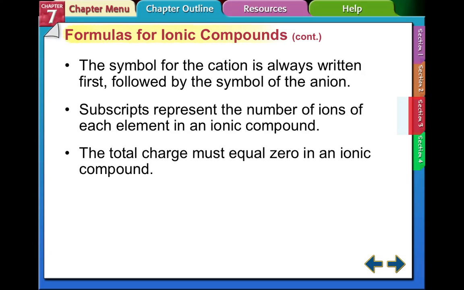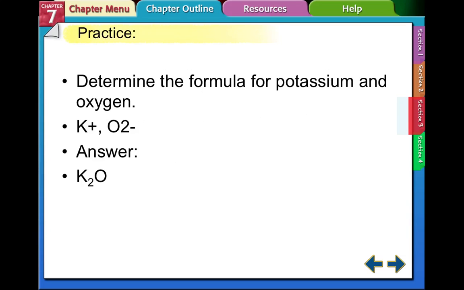The symbol for the cation, or the positive, is always written first, followed by the anion. The subscript, the one that goes down below, represents the number of ions of each element in that ionic compound. The total charge must equal 0.